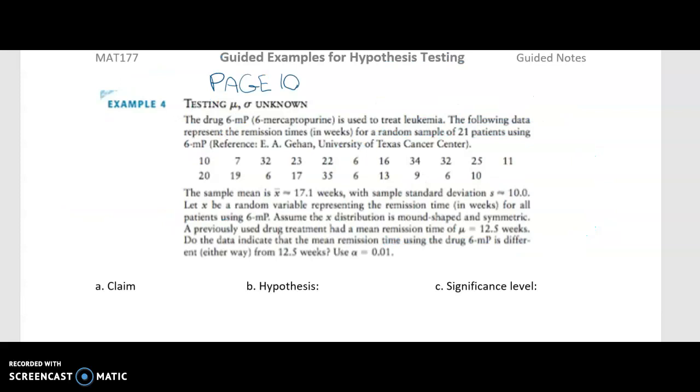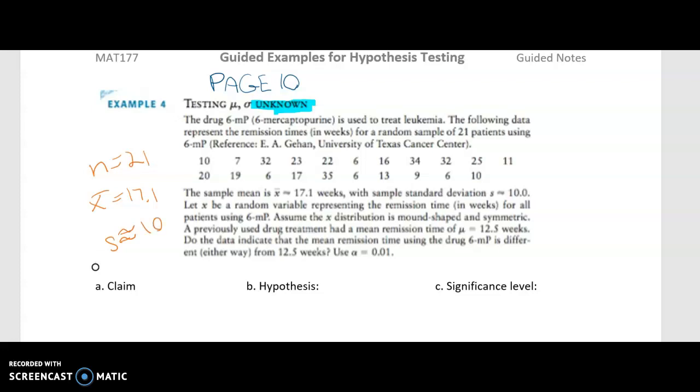The next example is from page 10 of the packet, and it's our first example where sigma is unknown. The drug 6-MP is used to treat leukemia. The following data represent the remission times in weeks for a random sample of 21 students using 6-MP. There's a reference listed, and then you have your 21 data values. The sample mean x bar is 17.1 weeks, with the sample standard deviation being approximately 10.